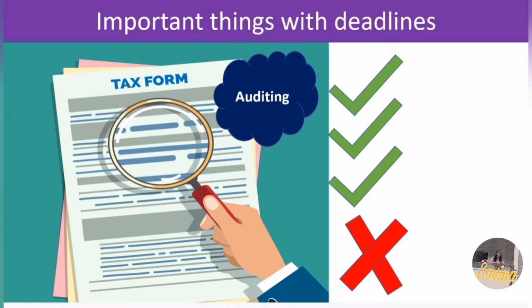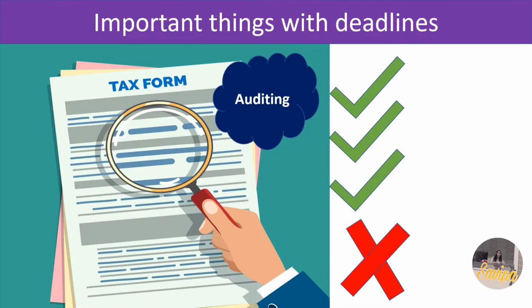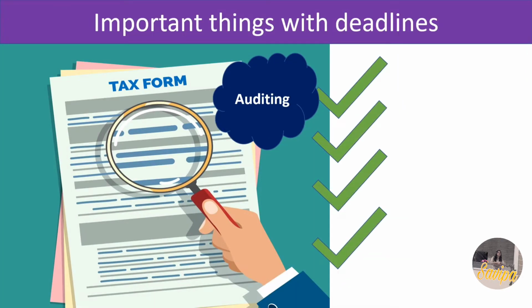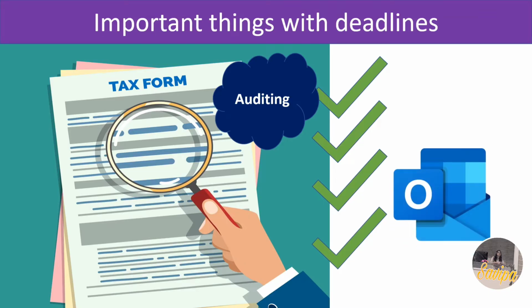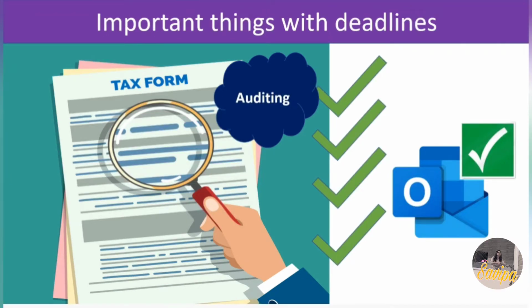Suppose whatever documents you have uploaded, every document is correct, let us assume, then they will send you a mail in Outlook saying your documents are clear, whatever tax proof documents you have submitted, all are clear, meaning they are correct, okay?